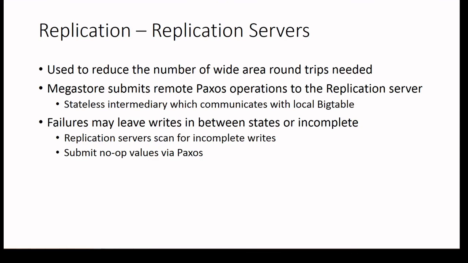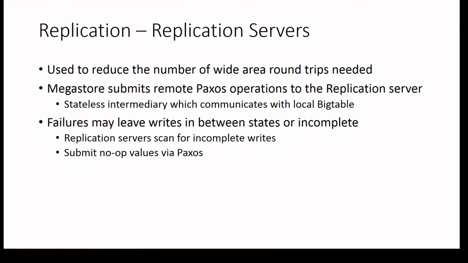And the last component of replication we're going to talk about is replication servers. Their primary purpose is to reduce the number of round-trip communications needed. Remember when we were talking about Paxos, one of the things that made it inappropriate for general use was the large number of round-trip communications needed. Replication servers help to mitigate that by creating an intermediary between the application that's performing the action and the Bigtable.